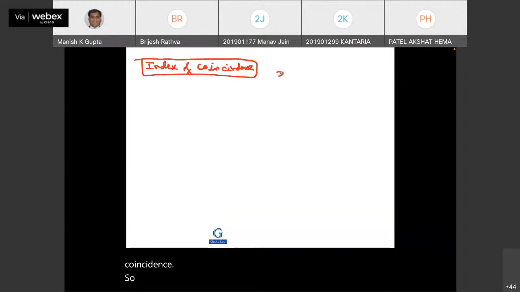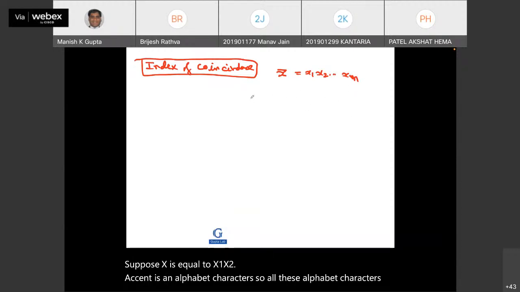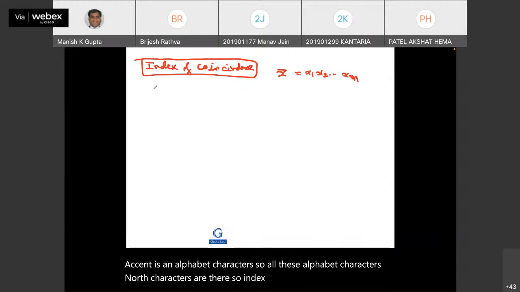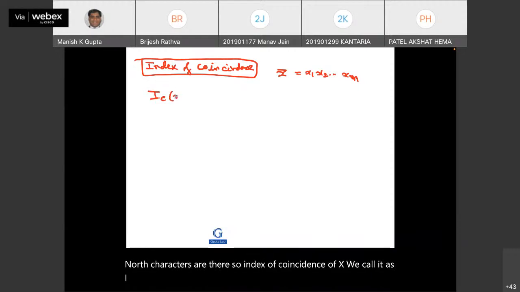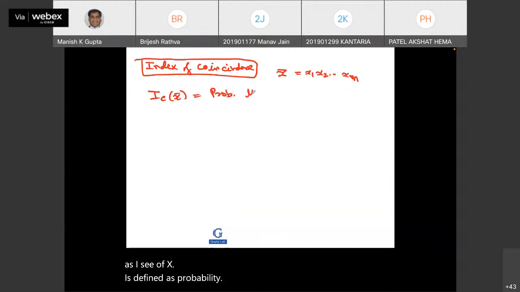Suppose x is equal to x1, x2, up to xn, n alphabet characters. So all these are alphabet characters, n characters are there. The index of coincidence of x, which we call IC of x, is defined as the probability that two random elements of x are identical.